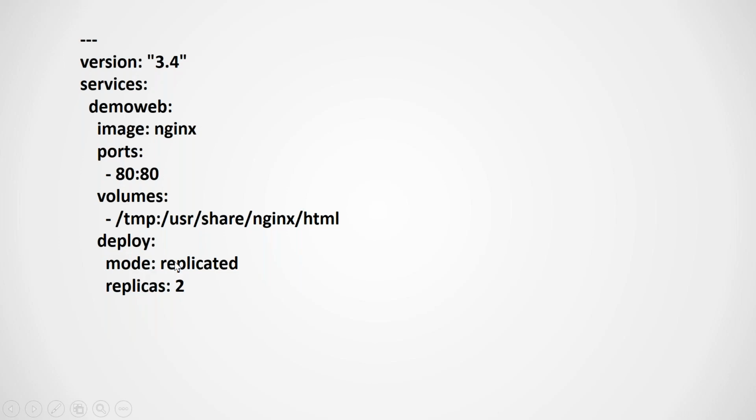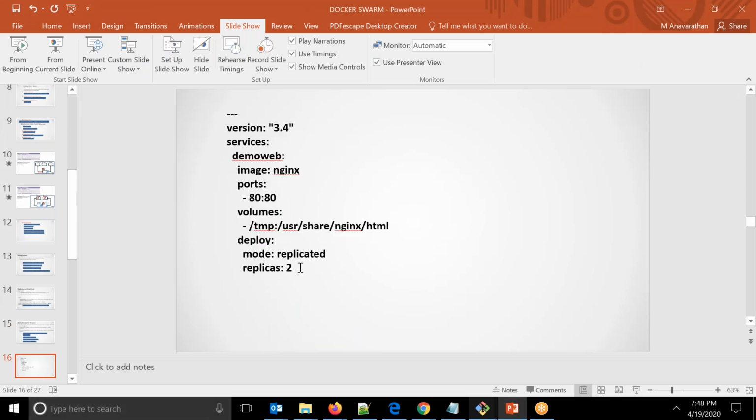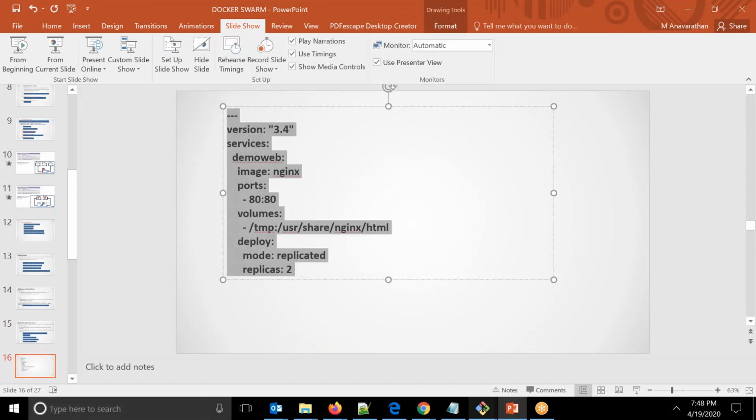If you do not tell the mode, then by default it will be replicated. However, here if you say mode is global, then it will create one copy of this on all the machines that we have. And further, the next one is replicas. If you do not tell this, then it will create one replica by default. However, you can change it here. Okay, so let's quickly try to use this.